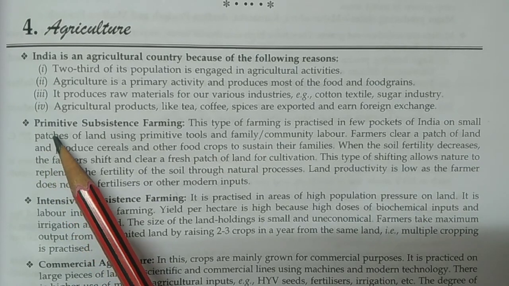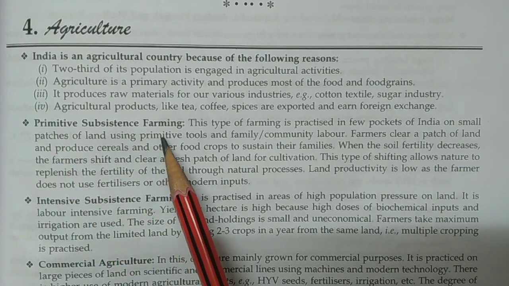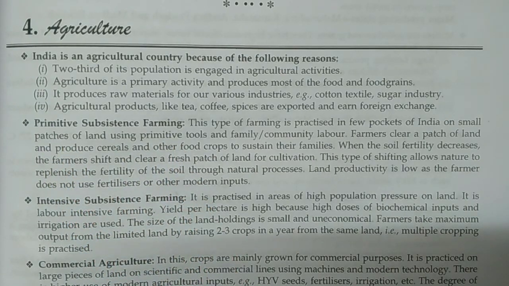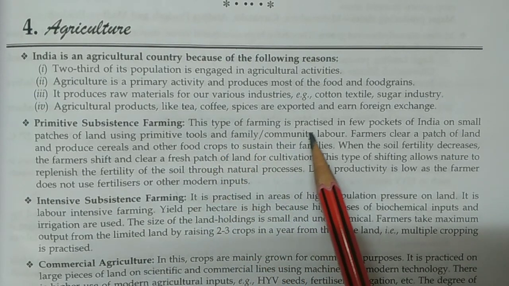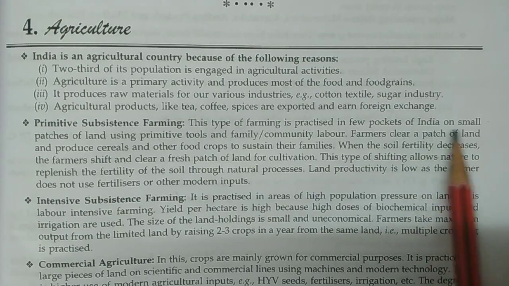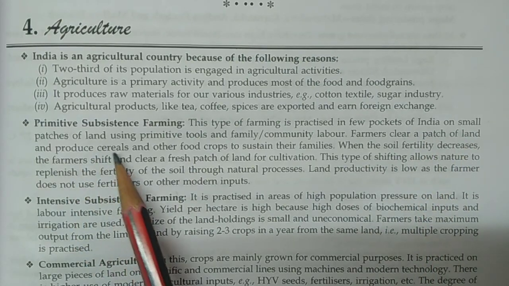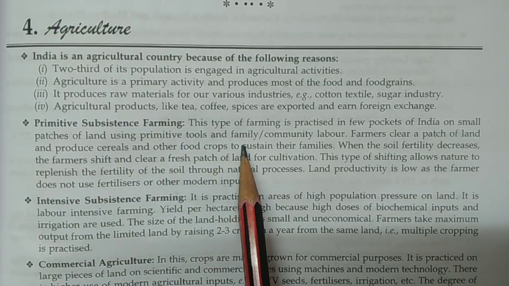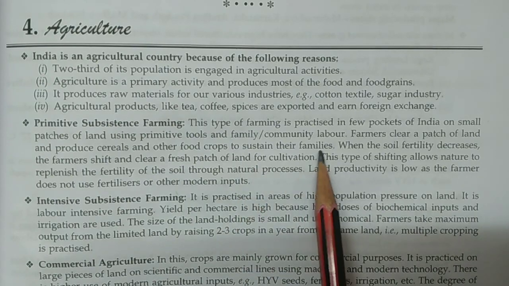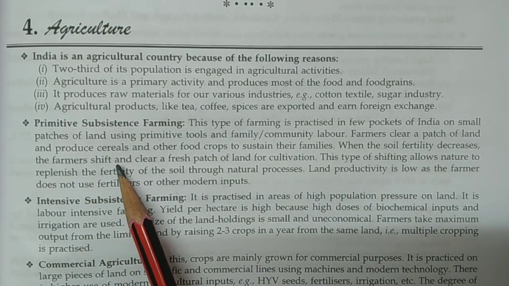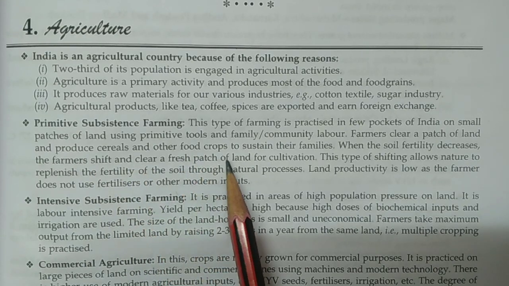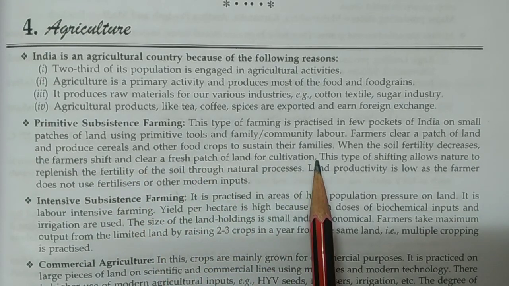Next, primitive subsistence farming. So, what is primitive subsistence farming? This type of farming is practiced in a few pockets of India on a small patch of land using primitive tools and family and community labor. Farmers clear a patch of land and produce cereals and other food crops to sustain their families.